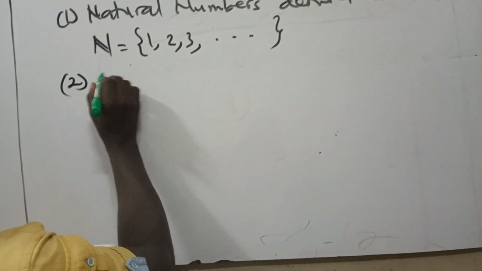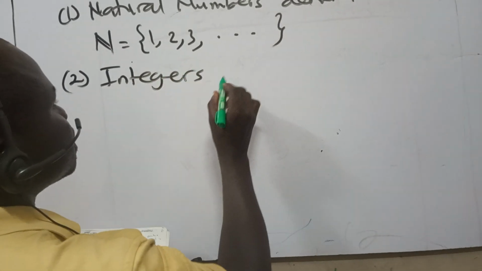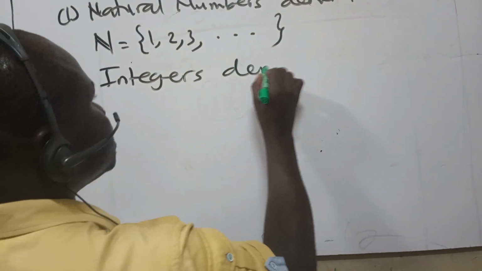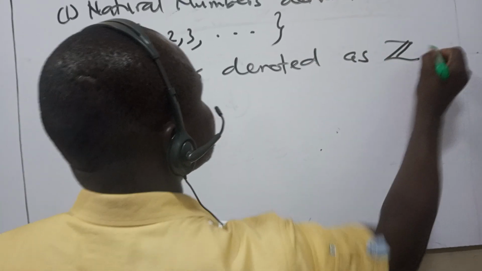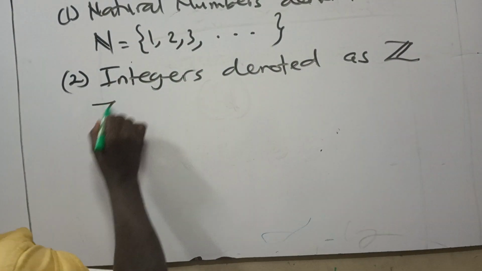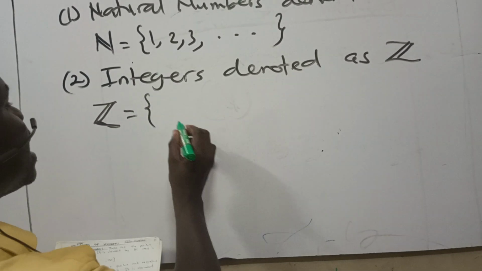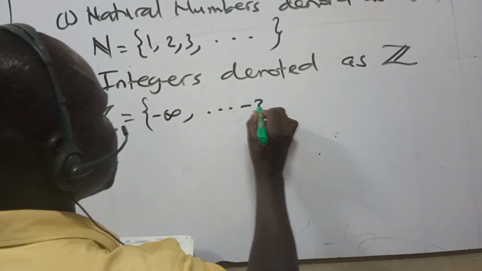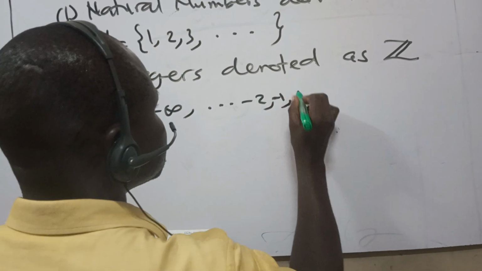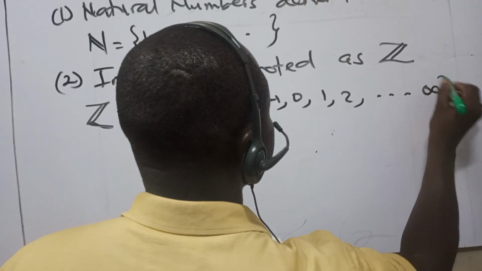The second set of numbers are called the integers, denoted as Z. Integers comprise negative whole numbers, 0, 1, 2, and so on up to infinity.